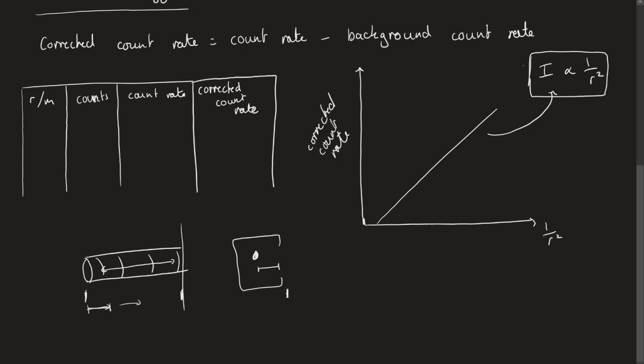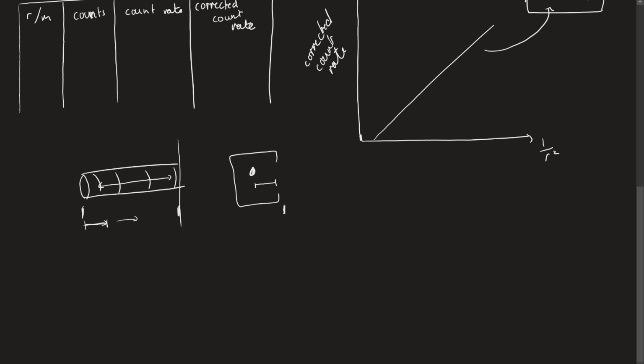Now, a second problem that you could come across is the fact that maybe for smaller distances, you're not going to get a complete straight line. So the issue may be that for small r, you end up with a non-linear relationship.